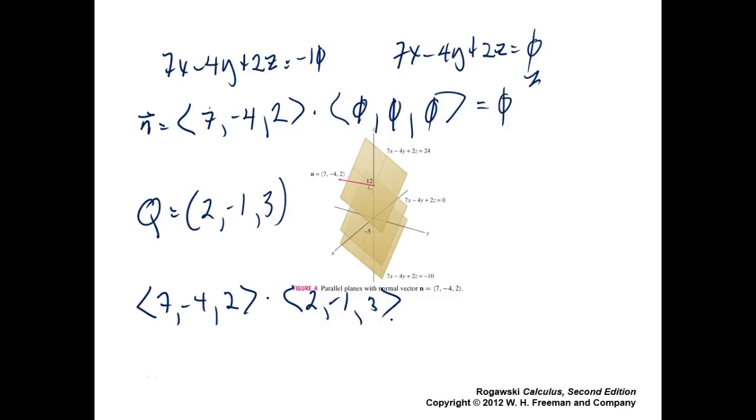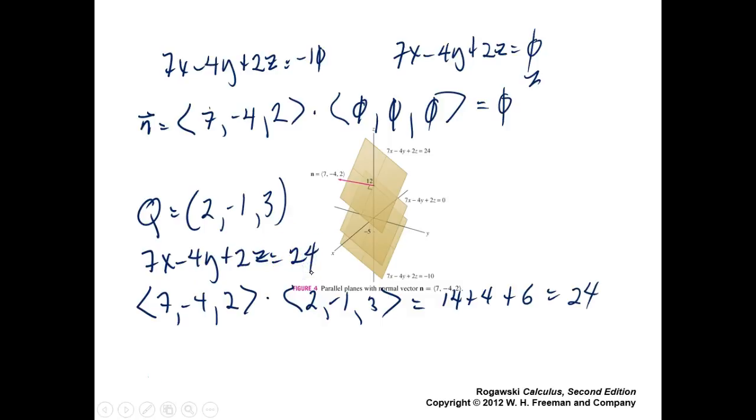What's the dot product of those two? 14 plus 4 plus 6, which is 24. So the equation that goes through here is 7x minus 4y plus 2z is equal to 24. That's it.